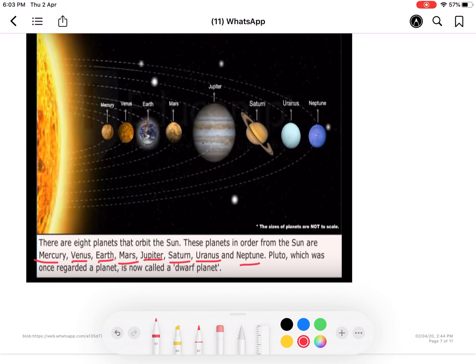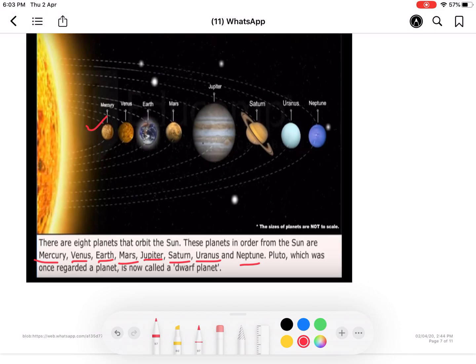Now coming to the first planet, Mercury. Mercury is the nearest planet to the Sun, and it takes only about 88 days to complete one round along its orbit.